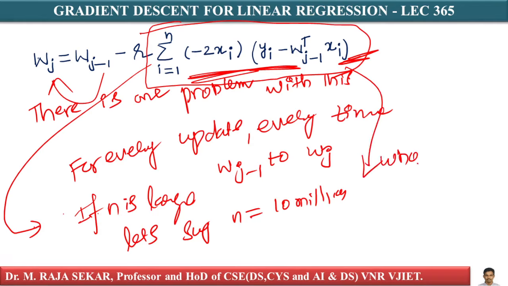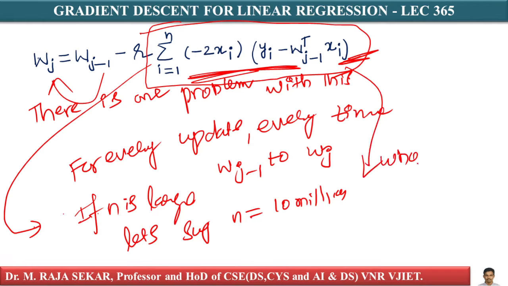For every W, we have to recompute the whole thing, which means for every iteration you have to go through the whole data, because sigma i equal to 1 to n is across your whole data. If you have millions of points, this is very time consuming, especially if n is large, which is fairly common in data science. When n is large, what do we do?